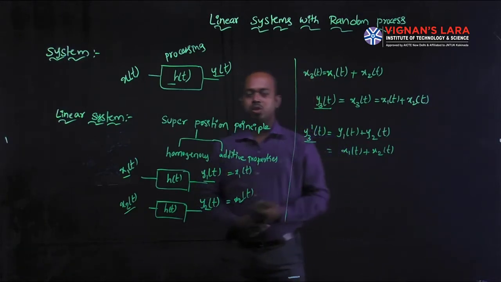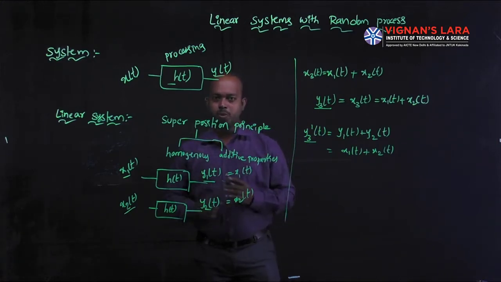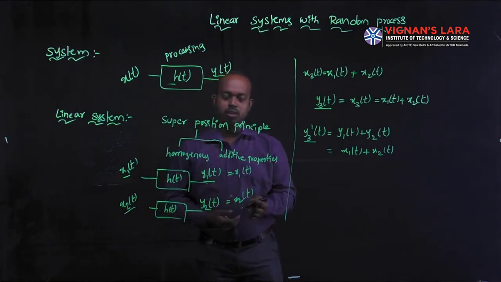This is the homogeneous property. Now take the additive property. It means we multiply the input quantity with some number, and the same number multiplies the output also.